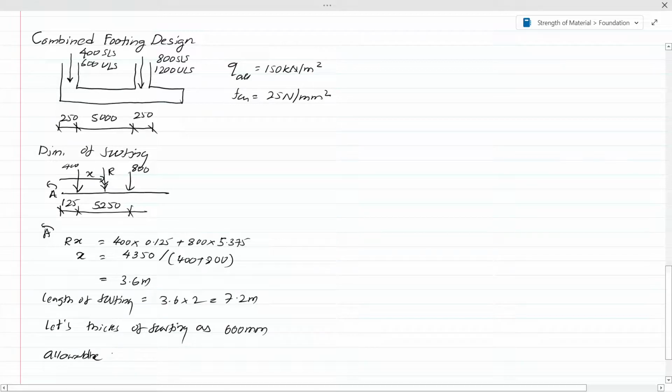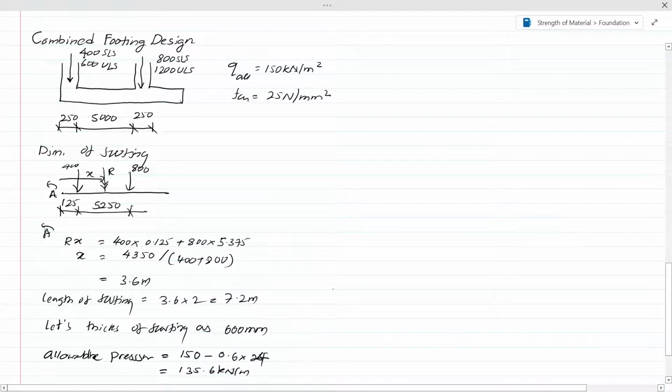Allowable pressure equals allowable bearing capacity 150 minus thickness 0.6 into 24. Let's consider 24 as the density of the concrete. This value becomes 135.6 kilonewtons per meter square. Now we know the pressure under the footing.